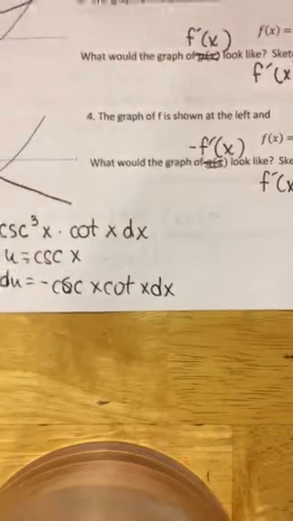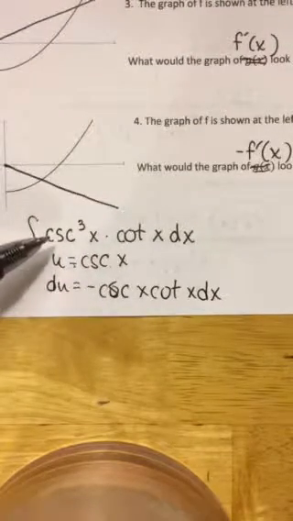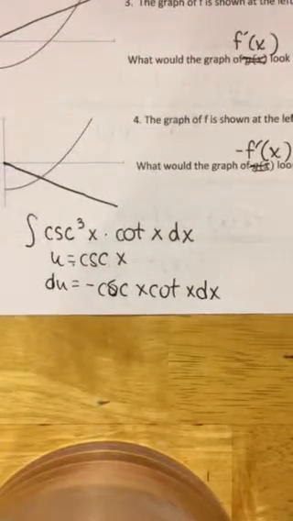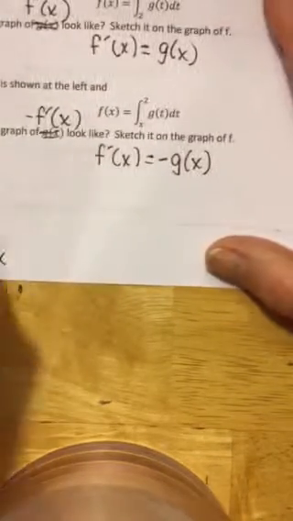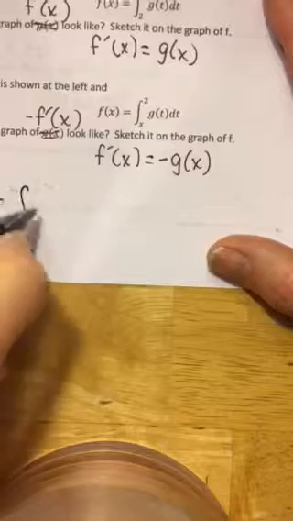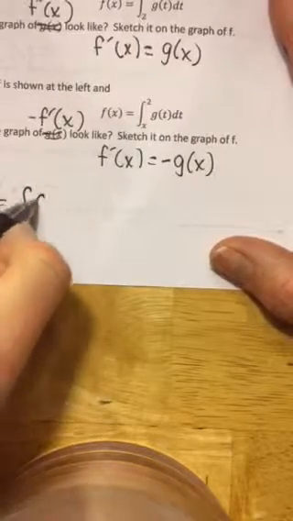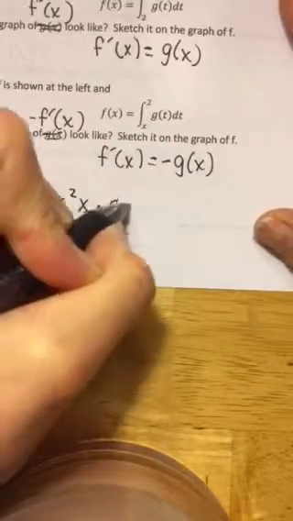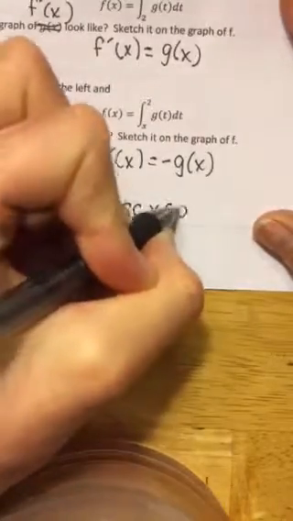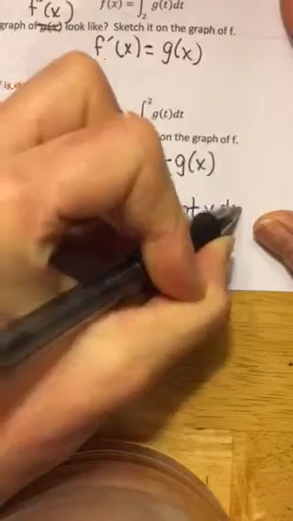So now what we're going to do is go back up here to the integral, and we're going to borrow a cosecant from here to make it part of our du. So I'm going to rewrite the integral as cosecant squared times cosecant x cotangent x dx.